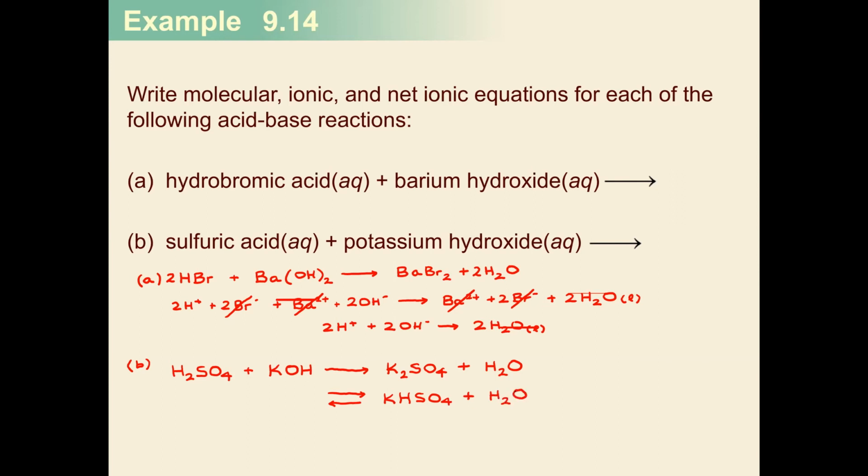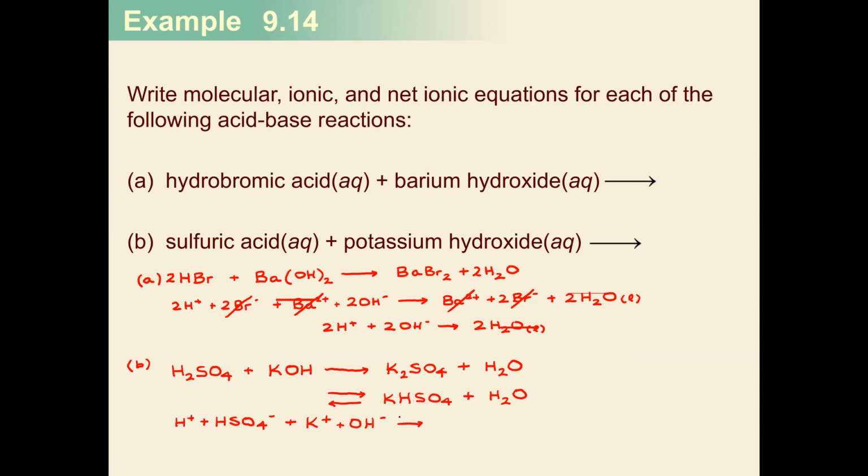So now if we go and use our net ionic equations and try to build this, we would get H plus, HSO4 1 minus. Then we would get our potassium and our hydroxide.